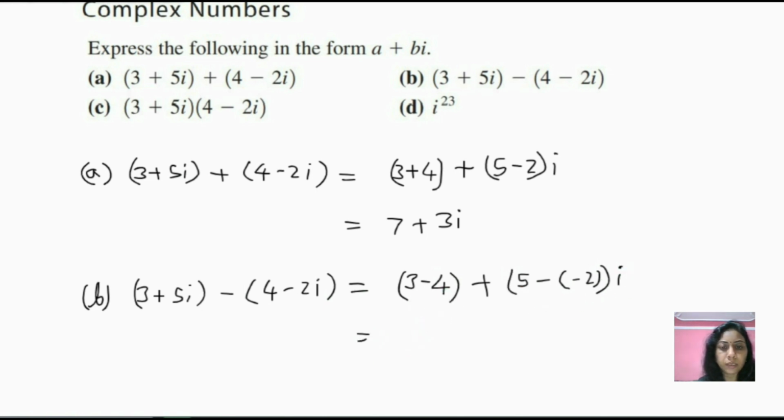So 3 minus 4 is minus 1, and here 5 minus minus 2 is 7i. So when we added these two complex numbers, we got 7 plus 3i, and when we subtracted, we got minus 1 plus 7i.